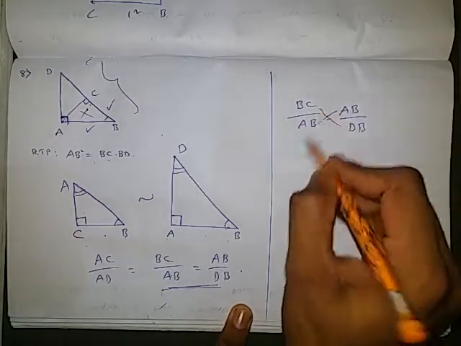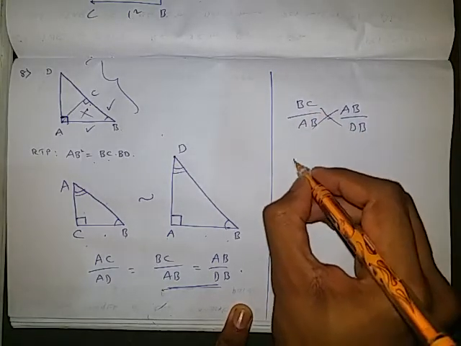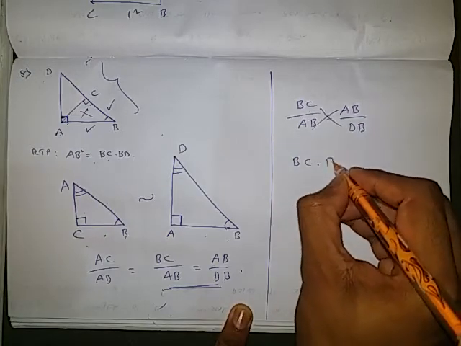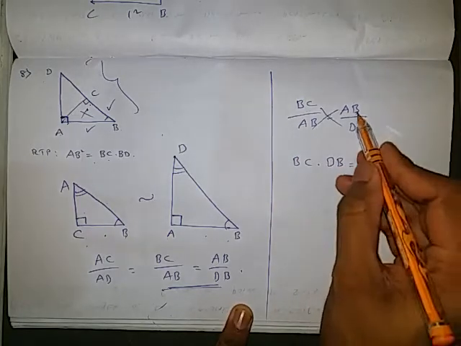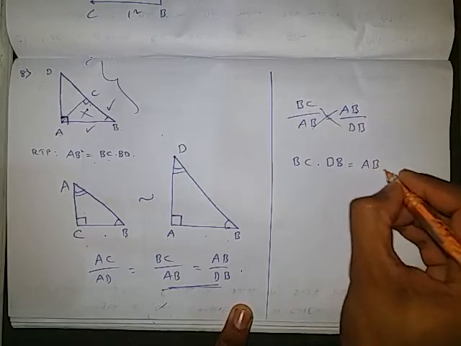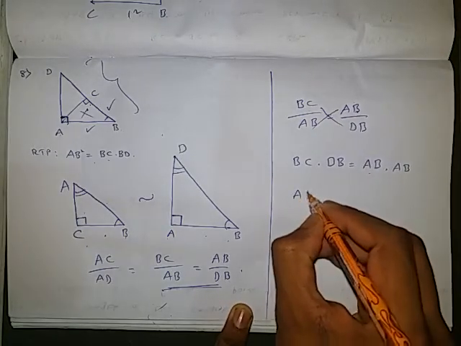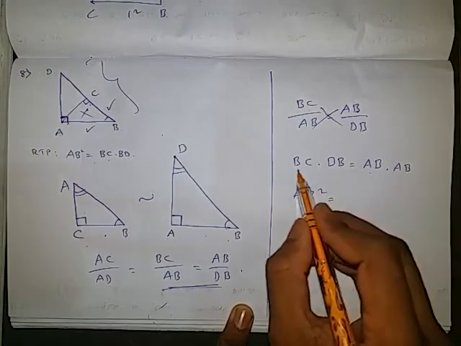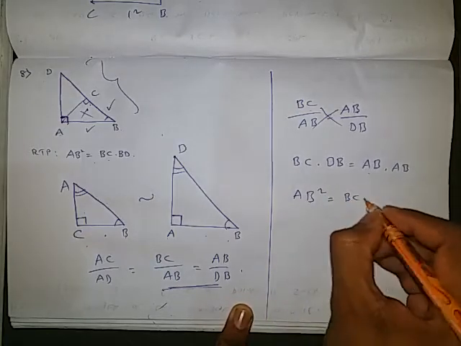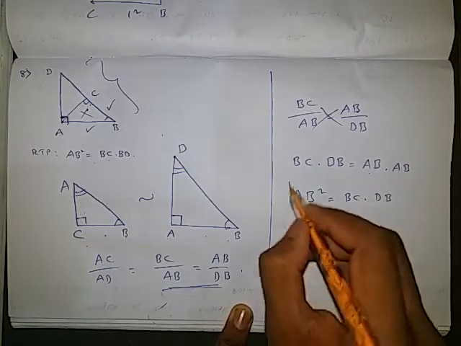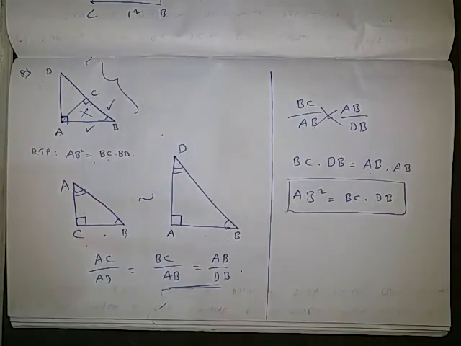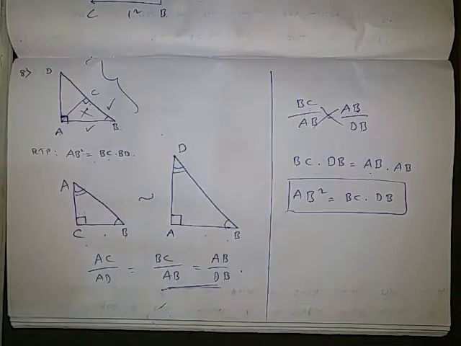If I cross multiply that, BC into DB is equal to AB into AB. AB square is equal to BC into DB. So AB square is equal to BC into DB, hence proved.